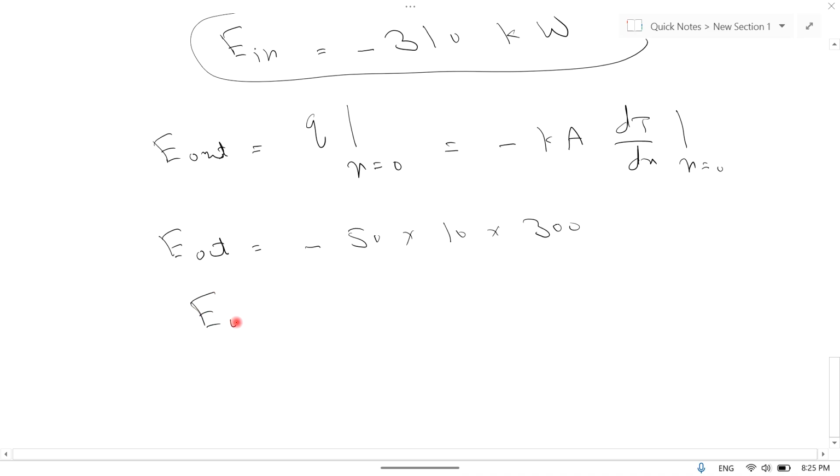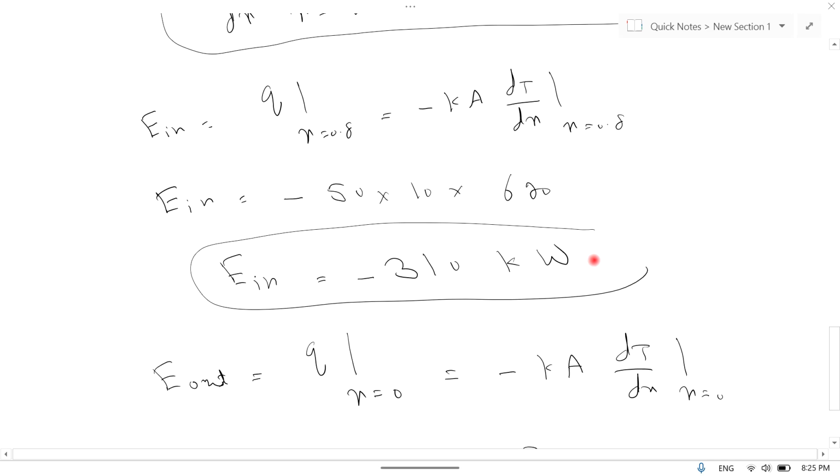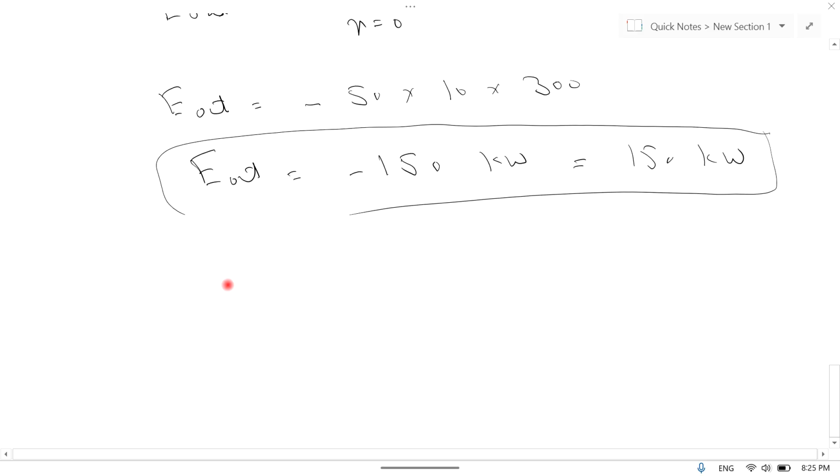So E out is equal to minus 150 kilowatt. The minus sign is only a convention for the direction of heat. So E out is 150 kilowatt, and E in is 310 kilowatt. This is the first part: we found E in and E out.